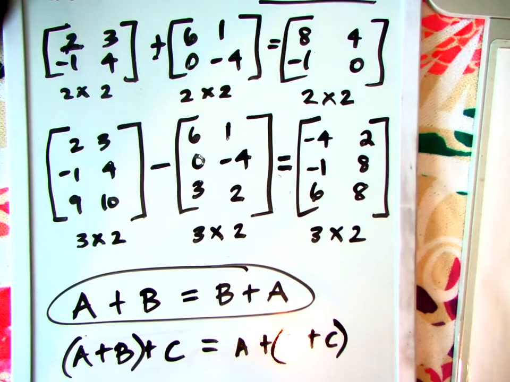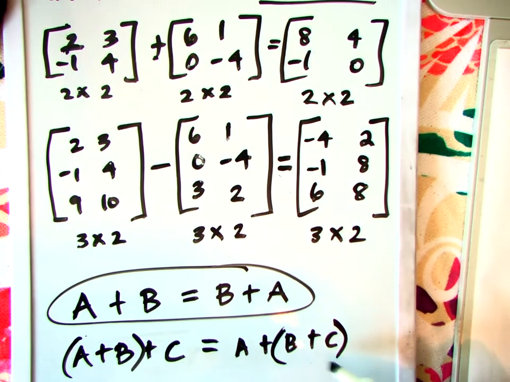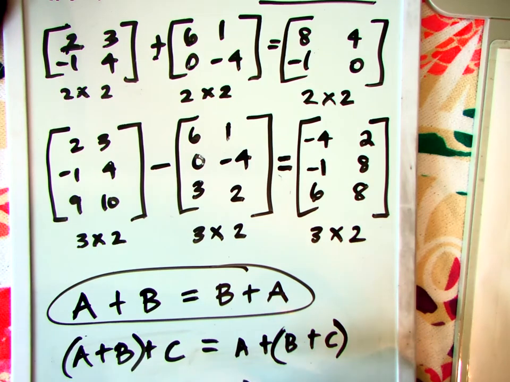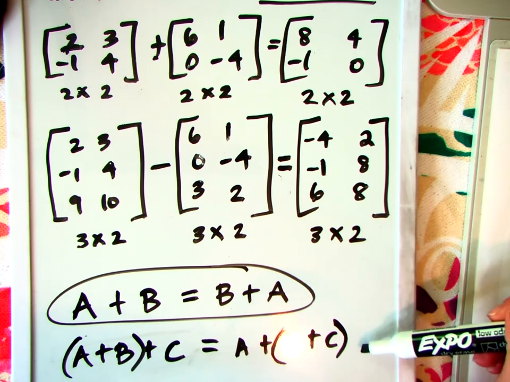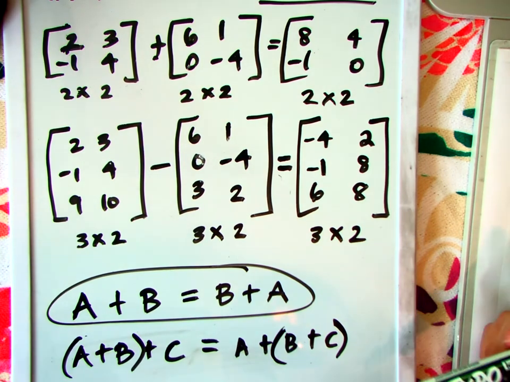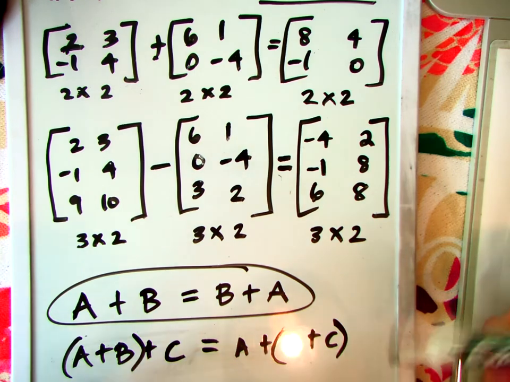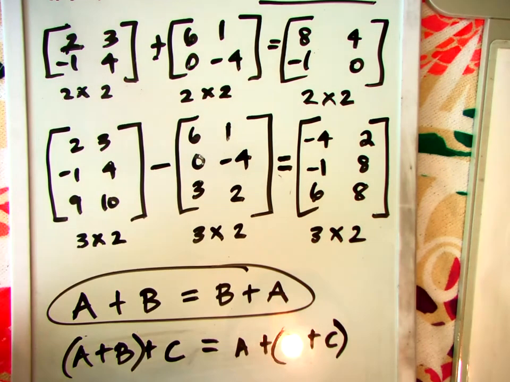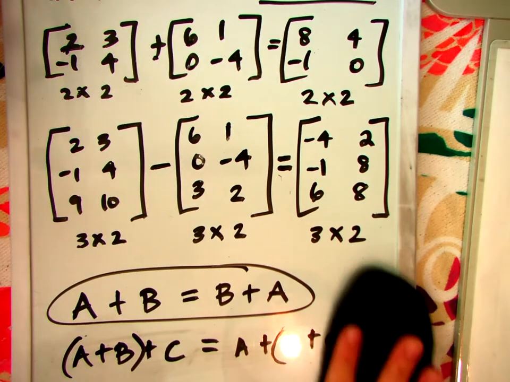Sorry, there's a glare. I'm going to go turn the light off. So B plus C, if I find that sum and then add it to matrix A, the answer is going to be the same. So matrix addition is commutative and associative. Those two properties hold true. It does not, however, work for subtraction, and we could check that out if we wanted to.